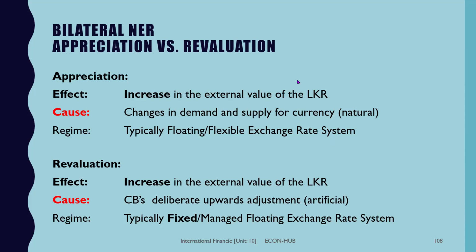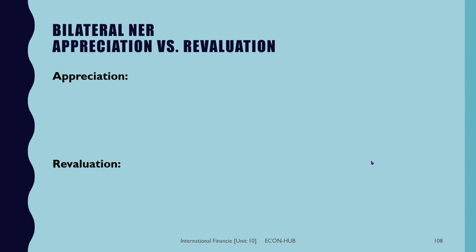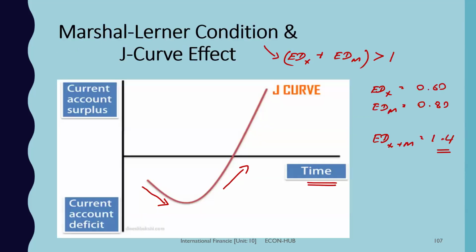J-curve. Yeah, that's very simple. Don't overthink. The J-curve says even under favorable conditions, even if the Marshall-Lerner condition is there, those 6 conditions are there, still when you practice a devaluation, in the immediate time period, you're not going to see an improvement in the current account deficit. It's going to get a bit worse. After that only, it will become better. It will come towards a more surplus side.